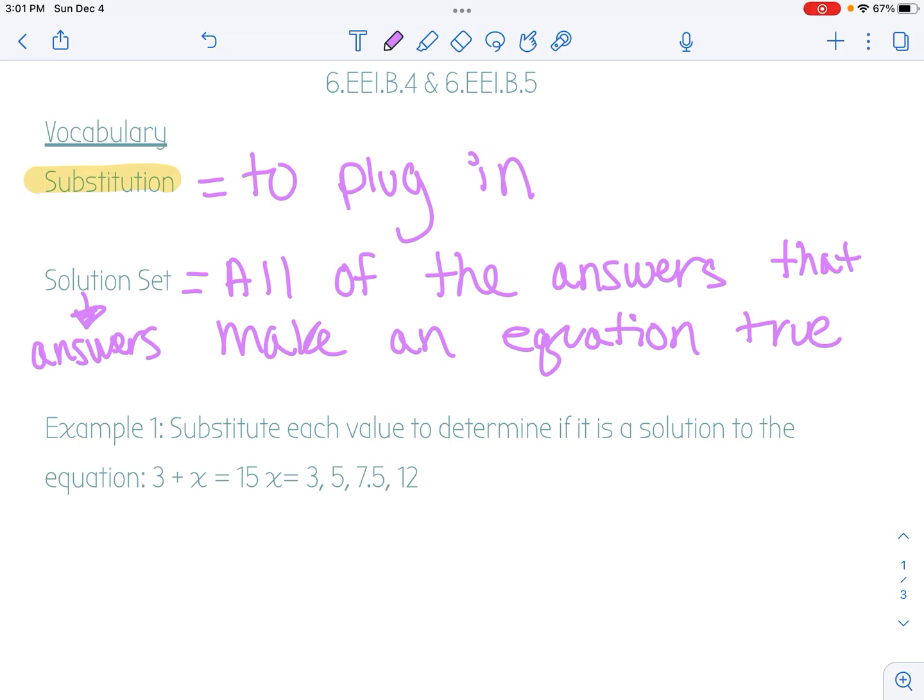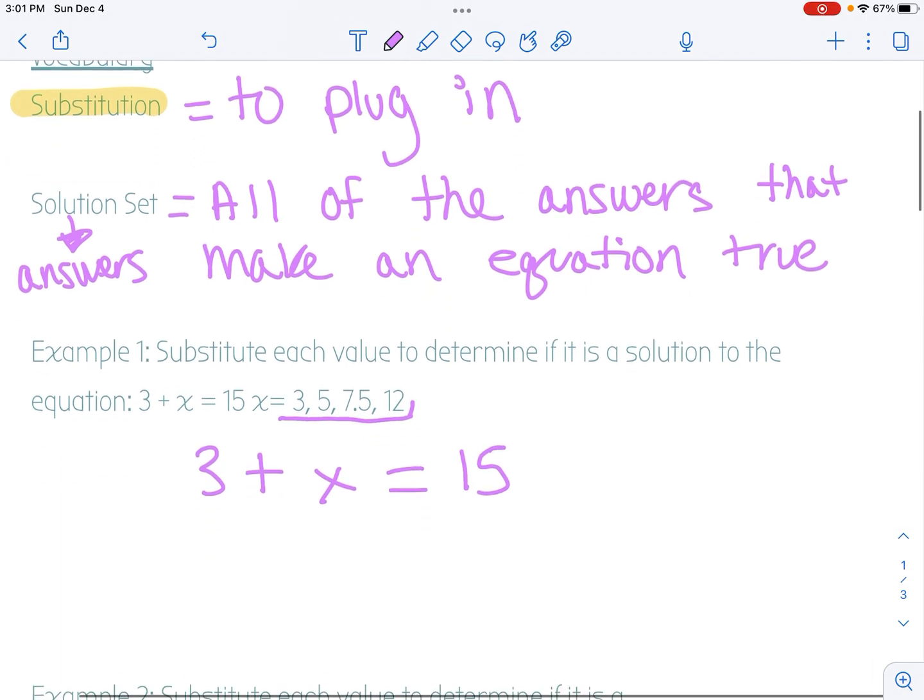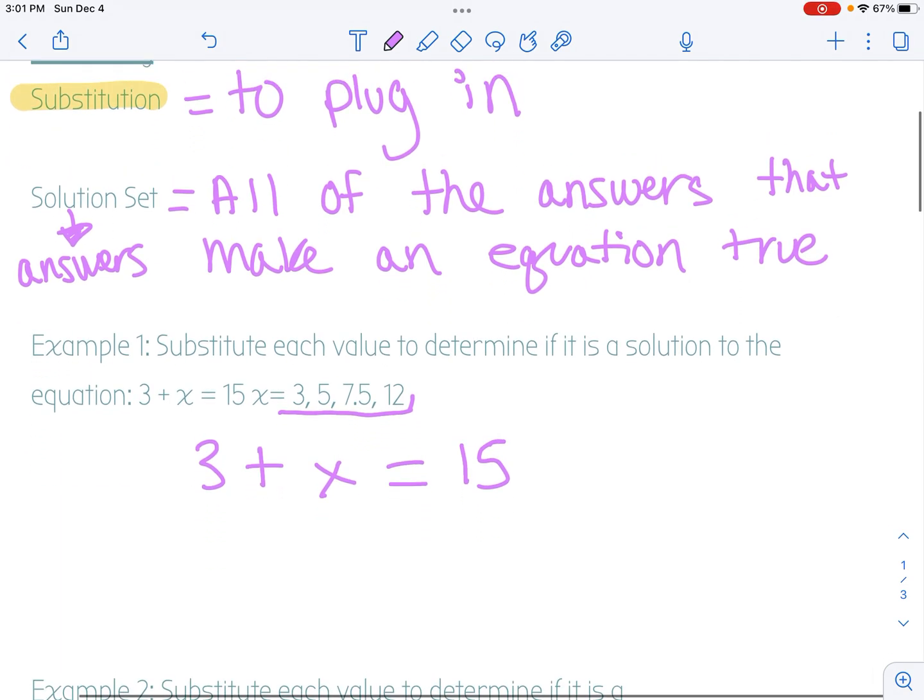Example 1 says, substitute each value to determine if it is a solution to the equation. Our equation here is 3 plus x equals 15, and it's giving us 4 different numbers to substitute, or plug in, for x to see if it's a solution. Our first number is 3.